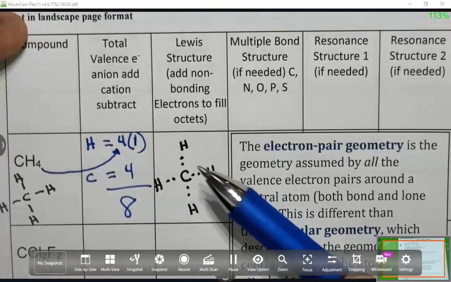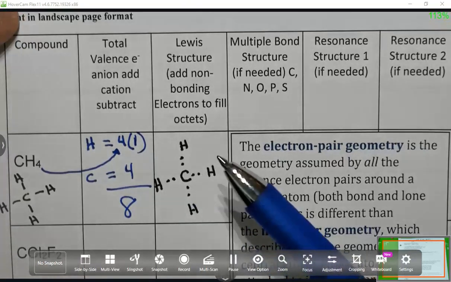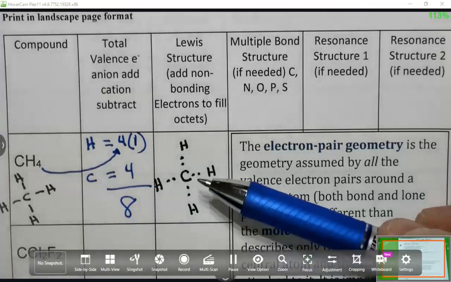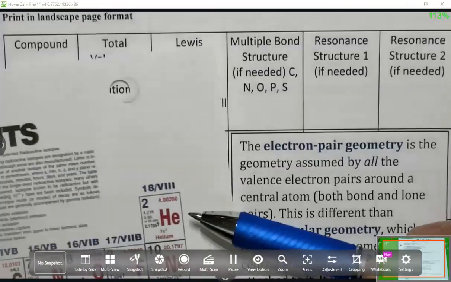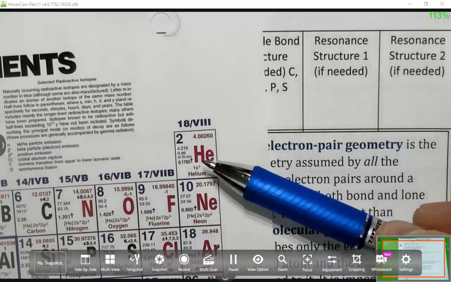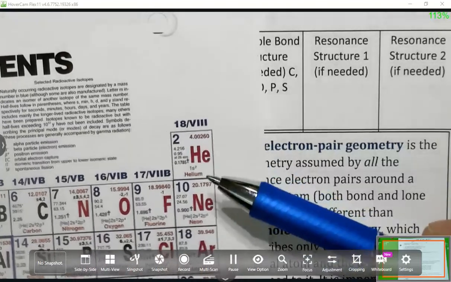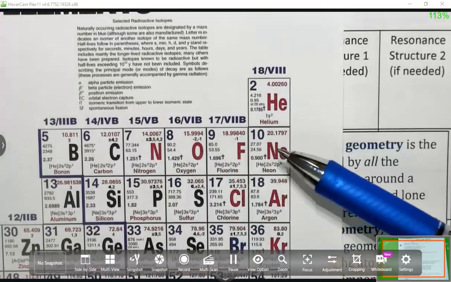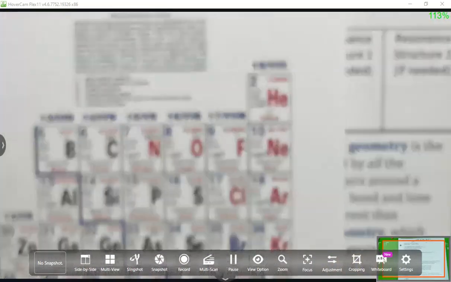Now, the question is, is everybody happy at this point? Hydrogen wants the same number of electrons as the noble gas helium. And how many valence electrons does helium have? 2, right? Carbon wants to have the same number of electrons as neon, or 8 valence electrons.